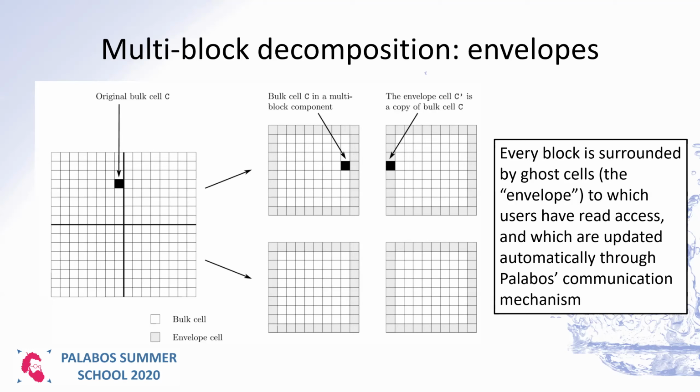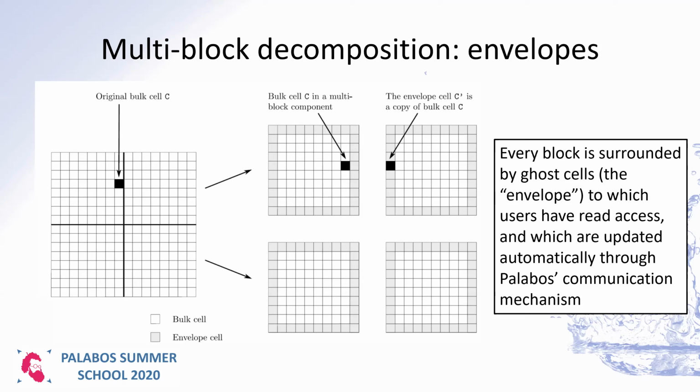Automatically, the value of this bulk cell is computed by a given algorithm on the top left atomic block, and Palabos implements an automatic communication mechanism to produce a copy of that value inside the envelope of the top right atomic block. So parallelism works in that way.